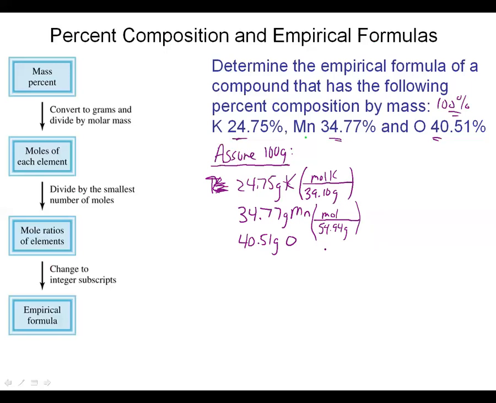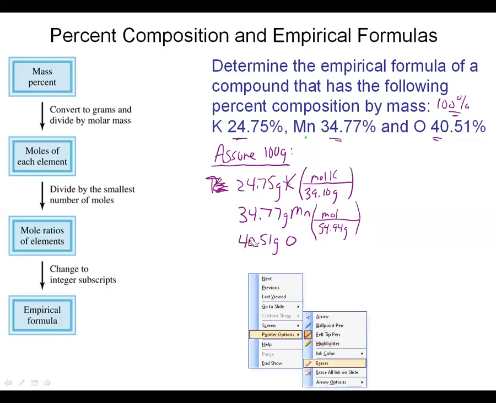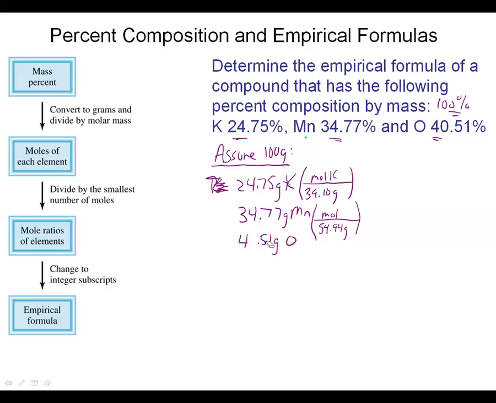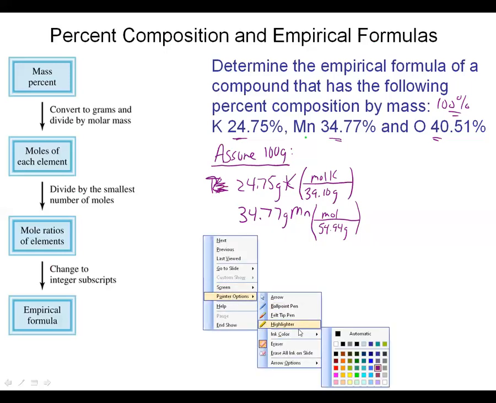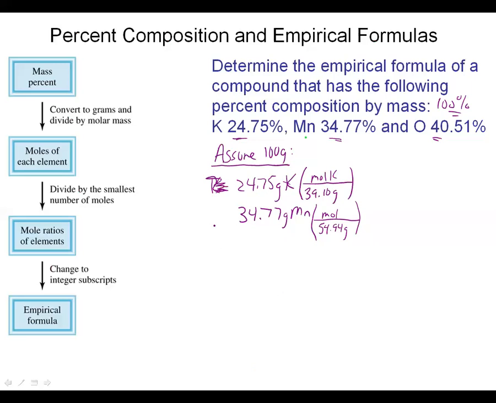And I think I wrote that a little bit too close, so we'll grab an eraser and move that. Get rid of all that there, give it a little bit more room. And if we do the same thing there for our oxygen, we have 40.51 grams of oxygen, again from the periodic table, 16 grams per mole.